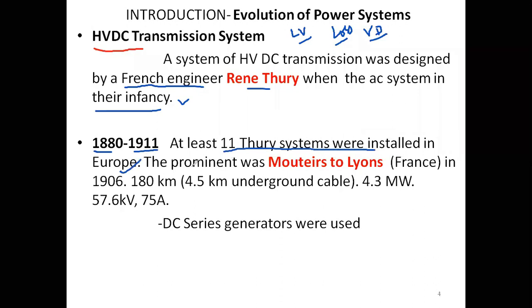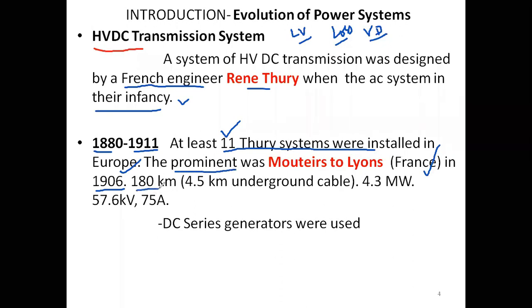Among them, the most prominent was the Moutiers to Lyon line located in France in 1906.